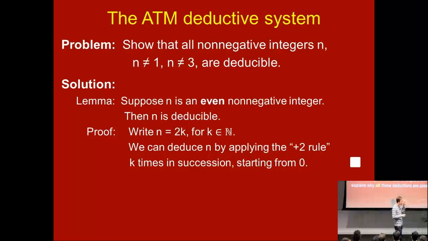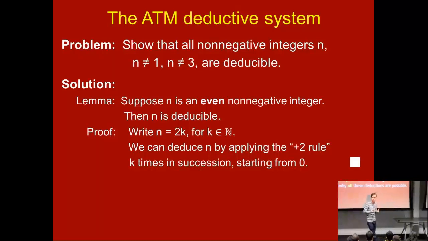Instead of just explicitly giving one deduction, you'll prove that all of these deductions are possible. And really, it's a bit computer science-y, because for each possible number other than 1 or 3, you kind of have to give a recipe or an algorithm for how to deduce it in this deductive system.